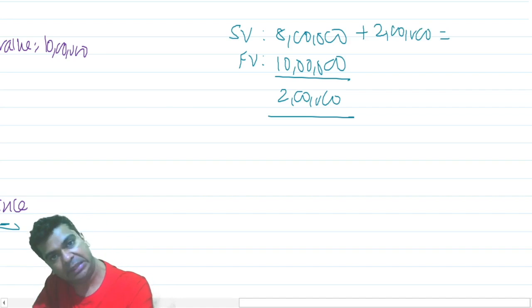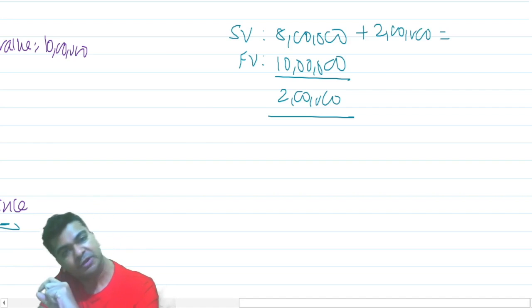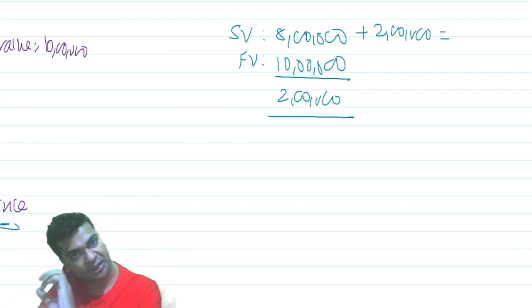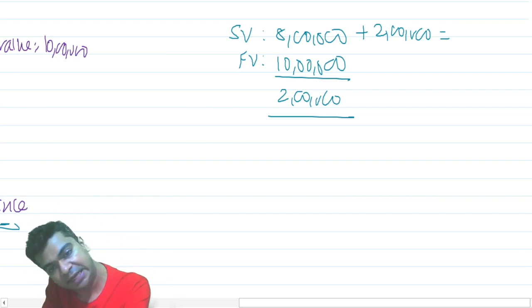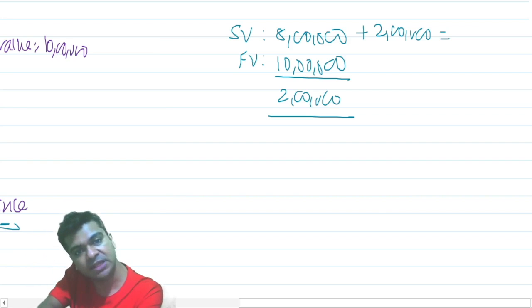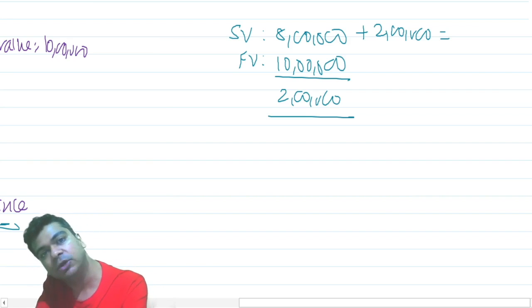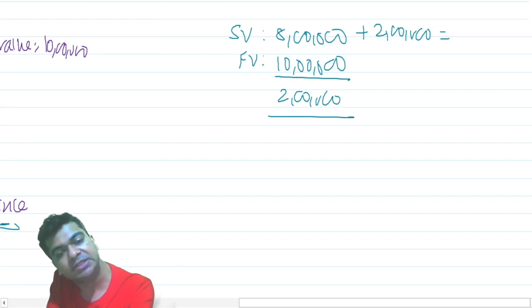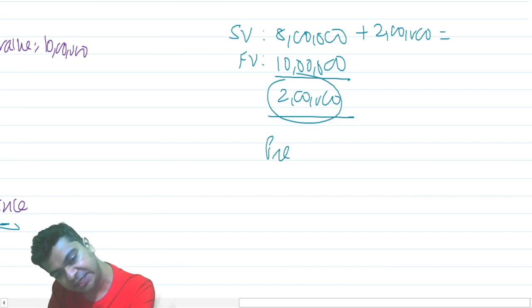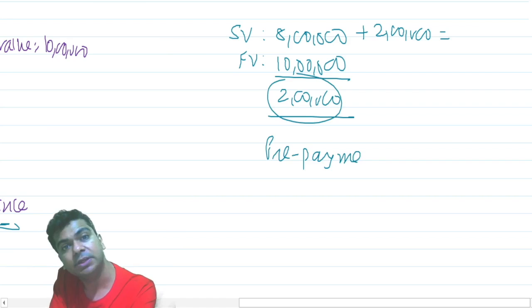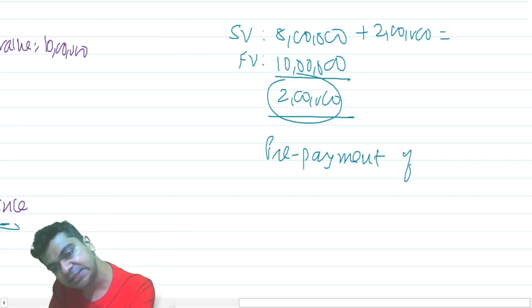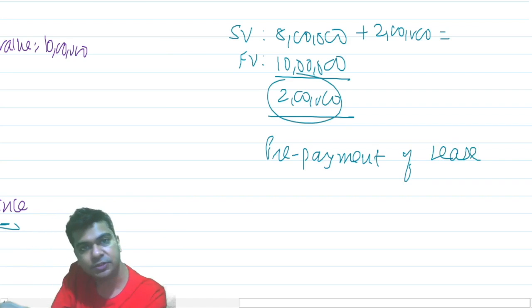It is compulsory to record in the books of the lessee the sales value at the fair value. So I'll have to increase it. Earlier I was deducting from the sales value. This time I'll have to add it to the sales value. And this difference of 2 lakhs will be treated as prepayment. It will be considered as the prepayment of the lease.